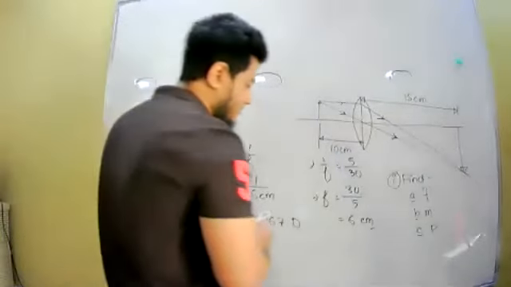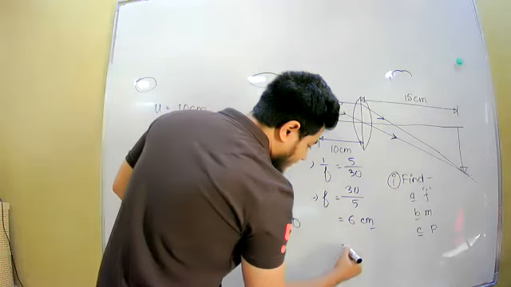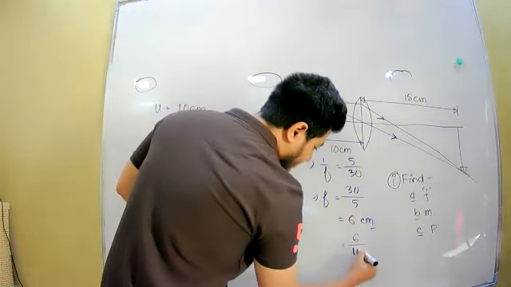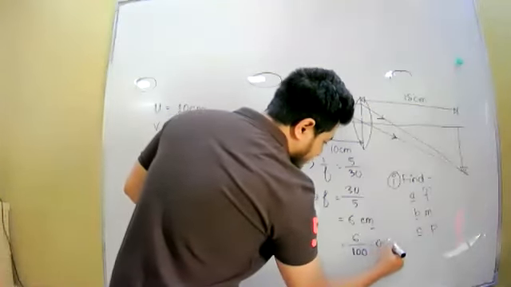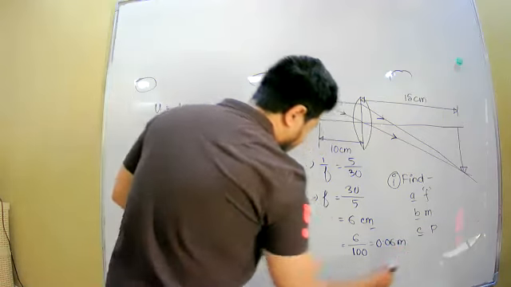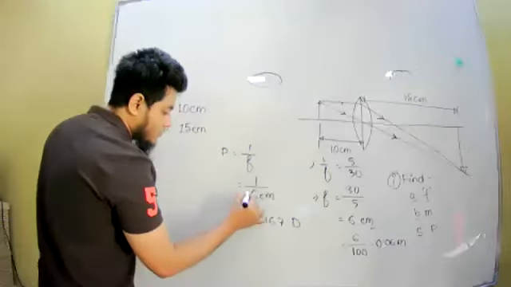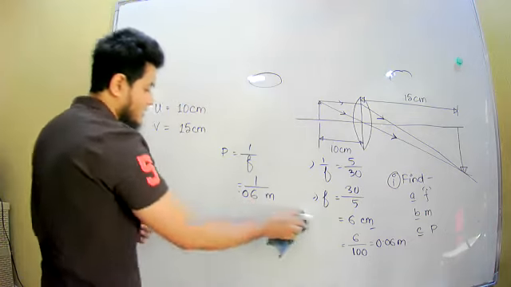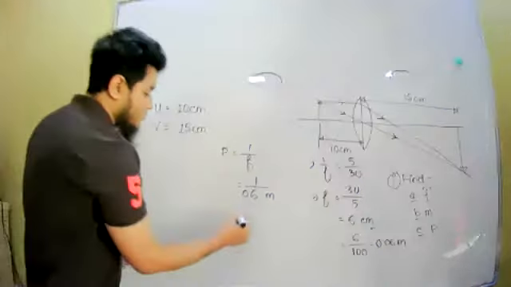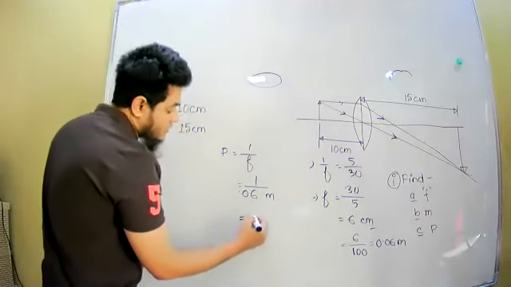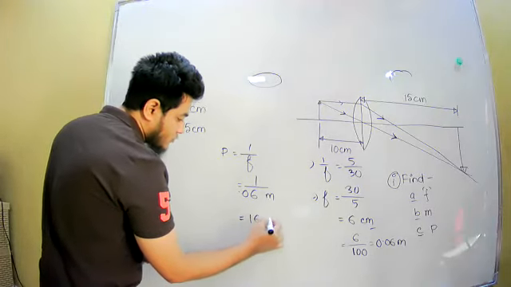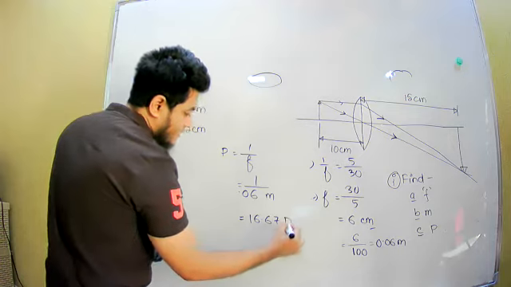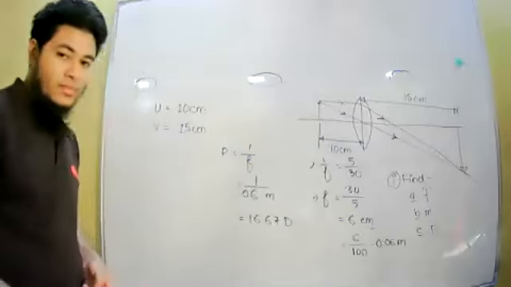So 6, if you convert it into meter, you have to divide it by 100. So you will get 0.06 meter. So here we have to put 0.06 meter. Then we will get the correct answer. So I guess it will become now 16.67, like this something.